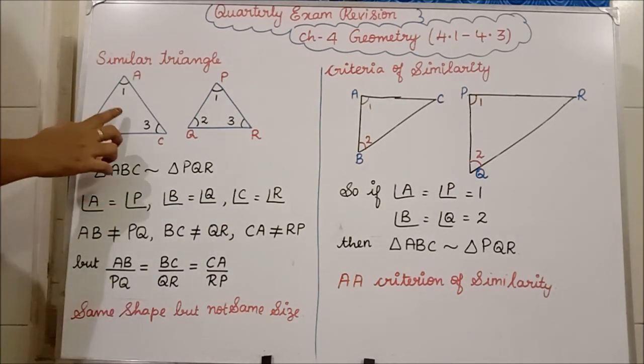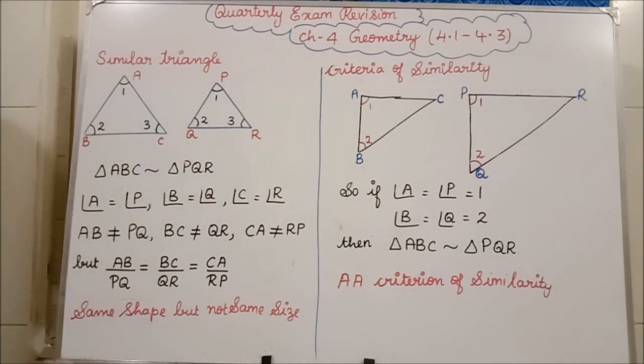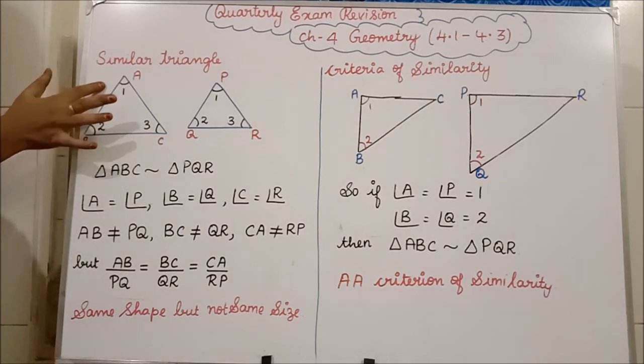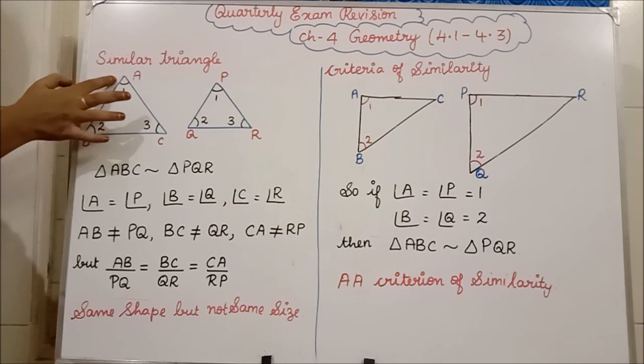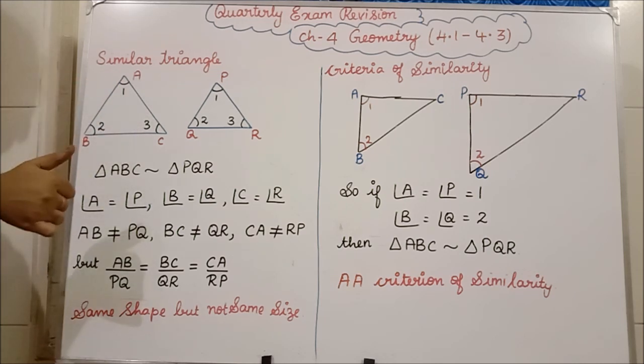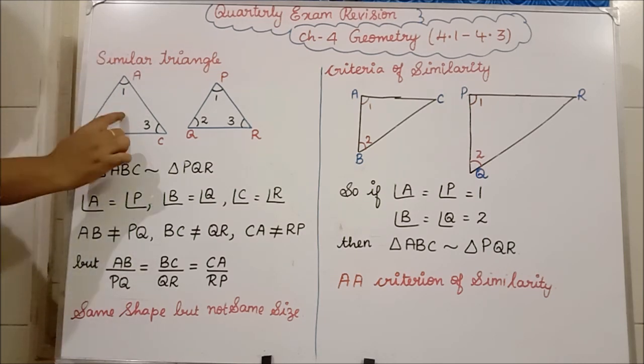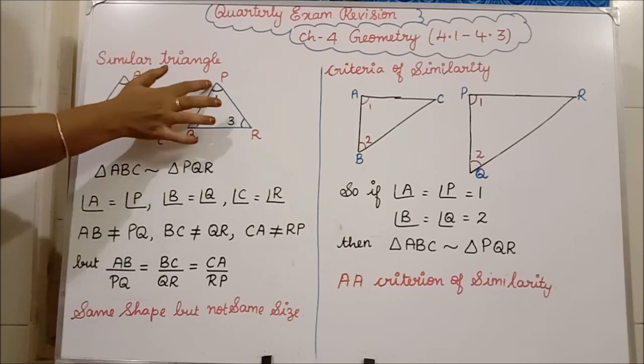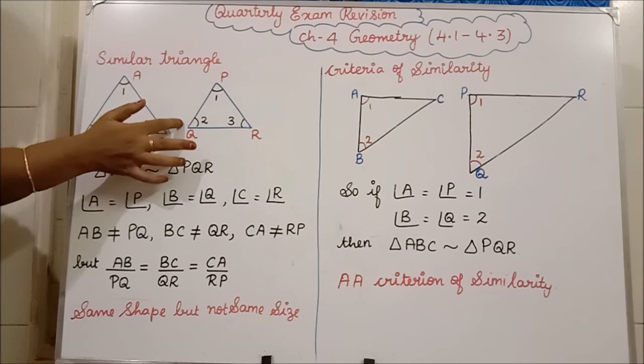If two triangles are similar, then the corresponding sides are proportional. Proportional means you have to write it in divide form. How to select the corresponding side? See, in the first triangle, if I select angles 1 and 2, which side does it give? AB side. Similarly, in the next triangle, where do we have angles 1 and 2? Here. So that is which side? PQ side.